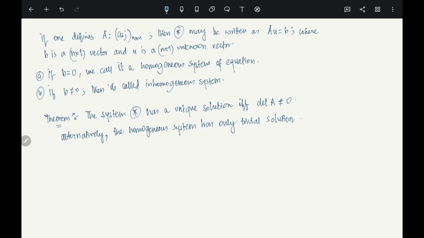Trivial solution means u is identically equal to 0. Then the determinant of A has to be non-zero. So if A is non-singular, then you have a unique solution and vice versa. The proof I am not doing, this is very easy to do. Proof, please check this.